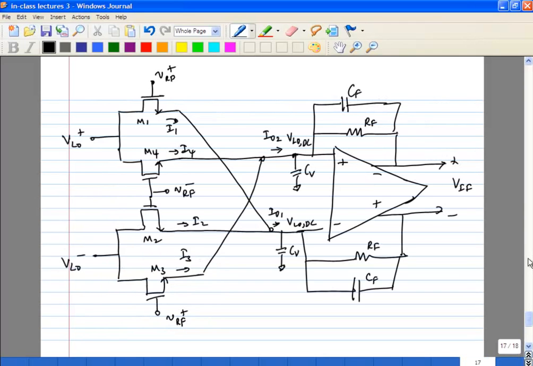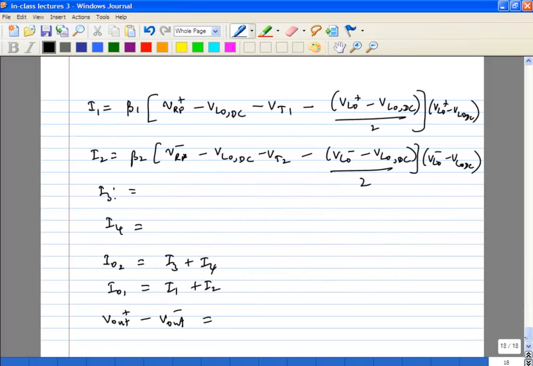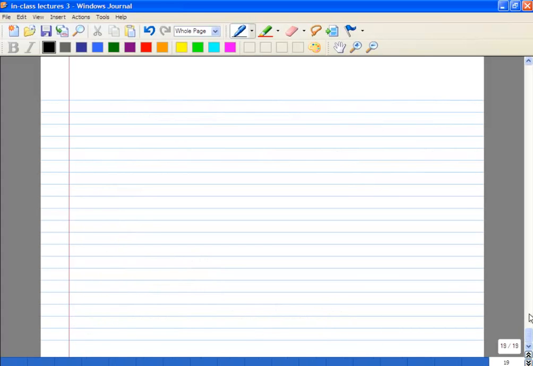And what is Vout plus Vout minus? Let's just look at the low frequency term. Let's say this is VIF, right? So this is nothing but RF. Give me a second.